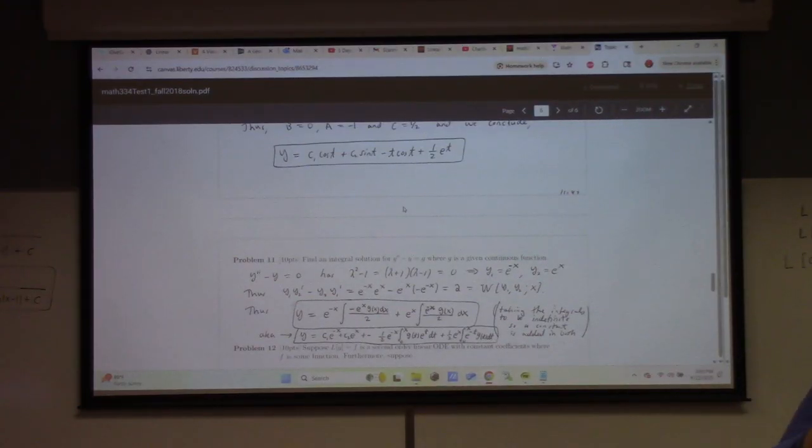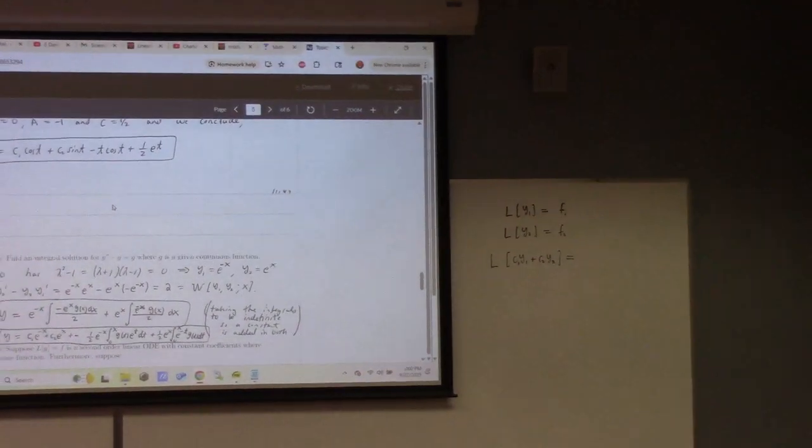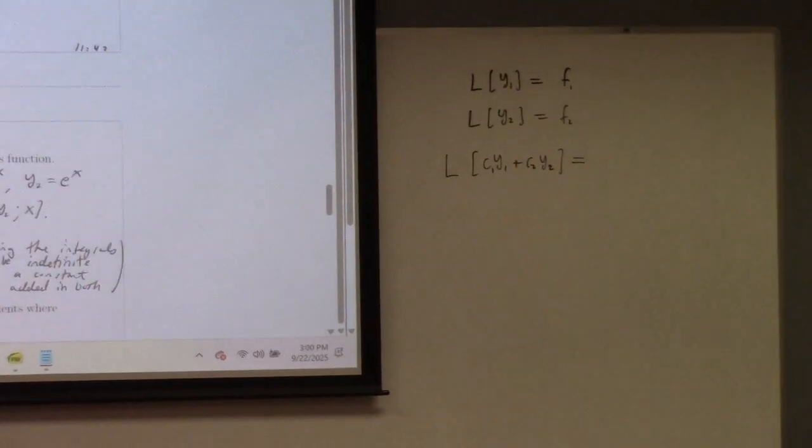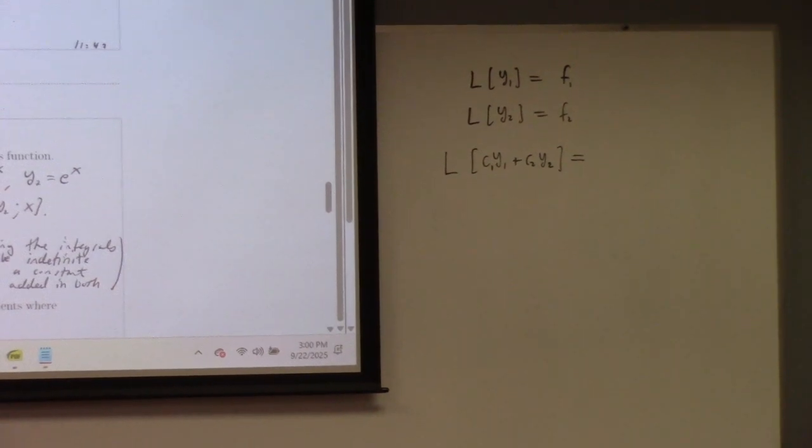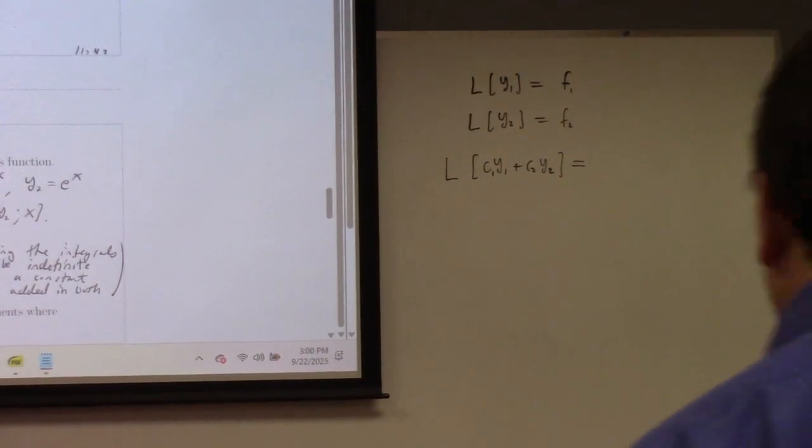So what does this mean? Why am I talking about this? Well, I like to give a problem on the test where I give you the same L in two different parts, all right? But then the third part is just for free.